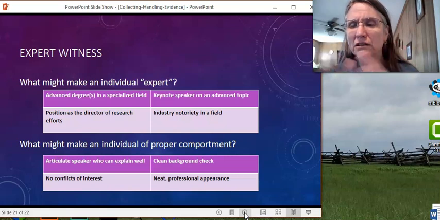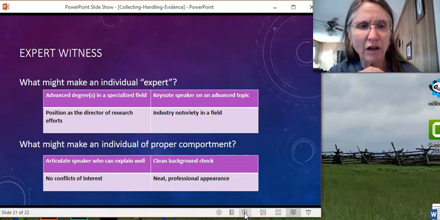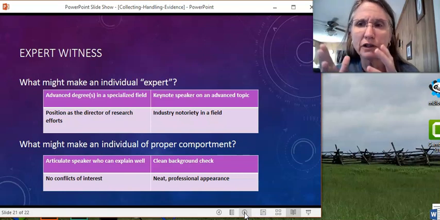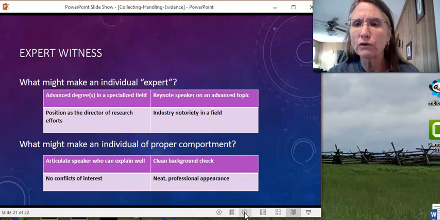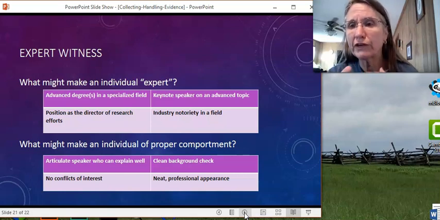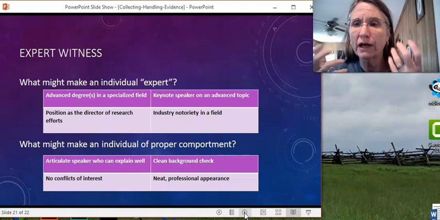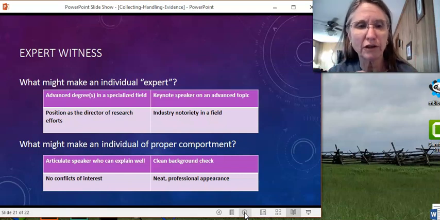It might not give the jury or anyone else involved a lot of faith in this individual. So we also look for some personal qualities, a neat professional appearance, something that evokes trust in the person.